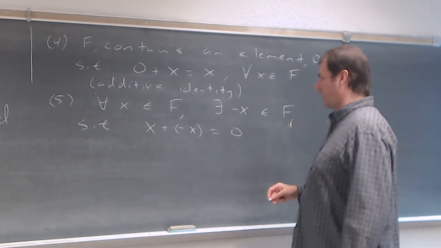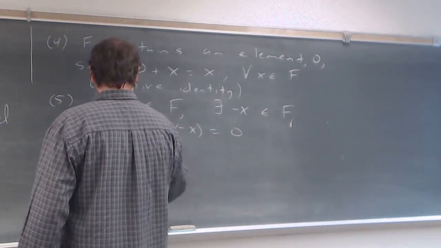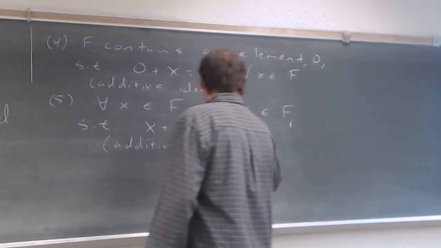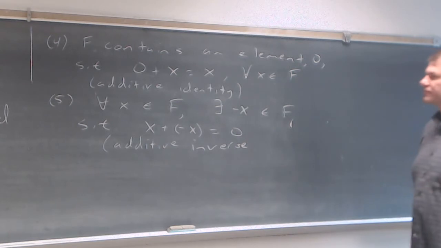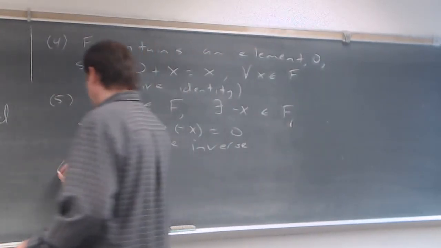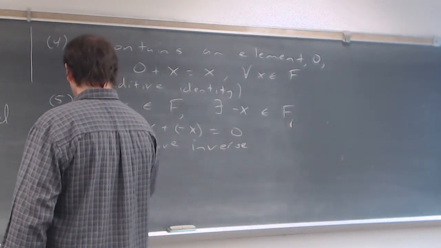And this is known as the existence of the additive inverse. So those first 5 properties have to do with addition. The next thing we're going to look at is some properties having to do with multiplication, and they're similar to what we wrote up for addition.